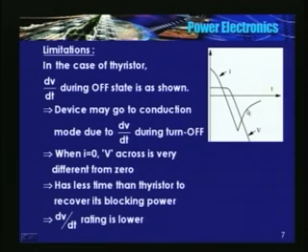So when this current is becoming 0, the voltage across it is very different from 0. Now this is for one thyristor, the turn-off characteristics.